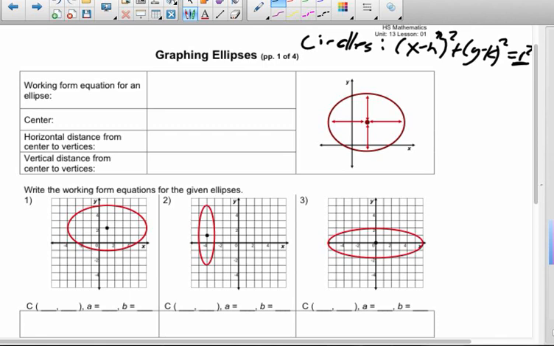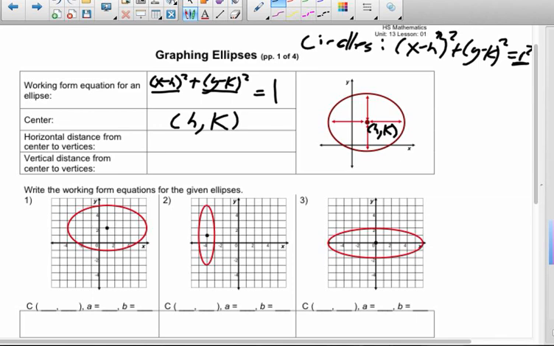So the first thing we want to start with, as we develop this, is our things which are common. X minus h squared plus y minus k squared equals 1. All right, and h and k again is your center. And like with circles, you have to remember to change the sign.